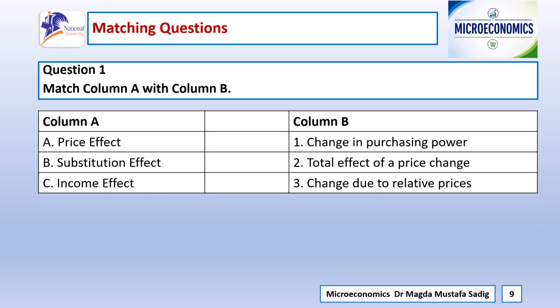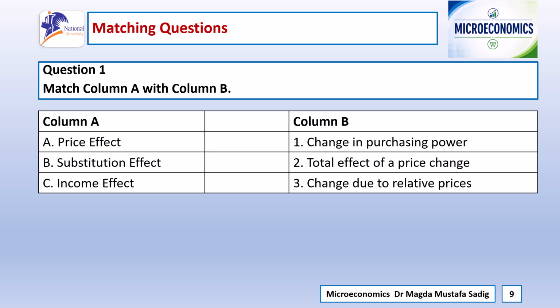Please try to solve these matching questions. Let us finish today's lecture by reviewing the matching questions. Let me try question one with you. Price effect matches with total effect of a price change. So A with 2.